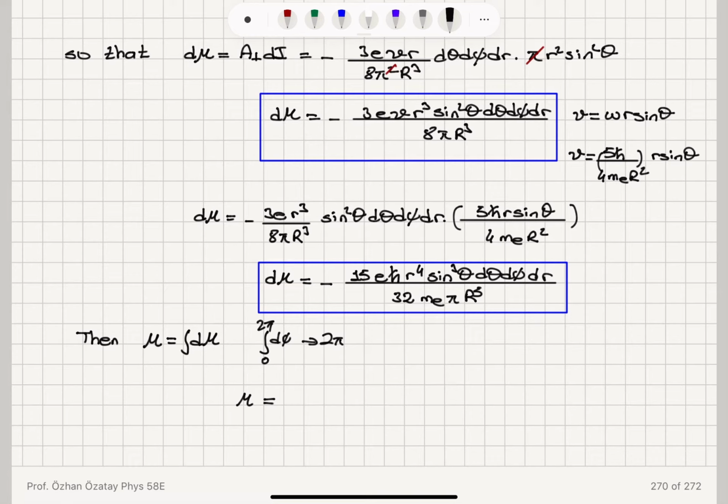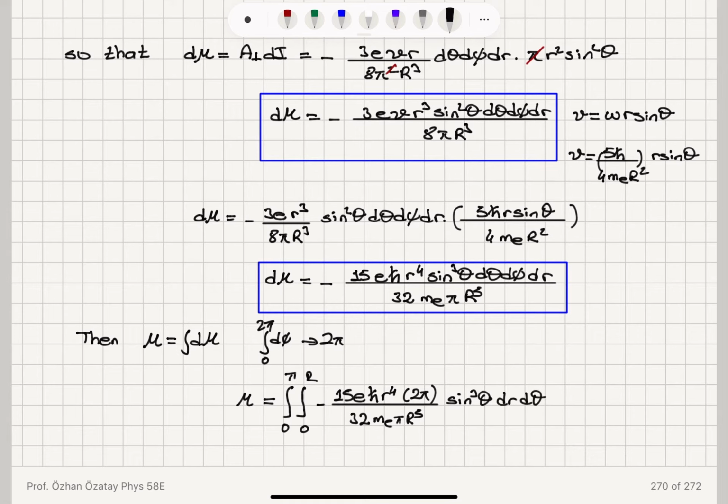So mu is going to give me the integral from 0 to pi, that's the theta integral, the integral from 0 to capital R, dr, of minus 15 e h bar r to the fourth power, the 2 pi comes from the phi integral, divided by 32 times the mass of the electron, pi, capital R to the fifth power, sine cube theta d theta dr. Actually, I'm performing the r integral first, so it's dr d theta.